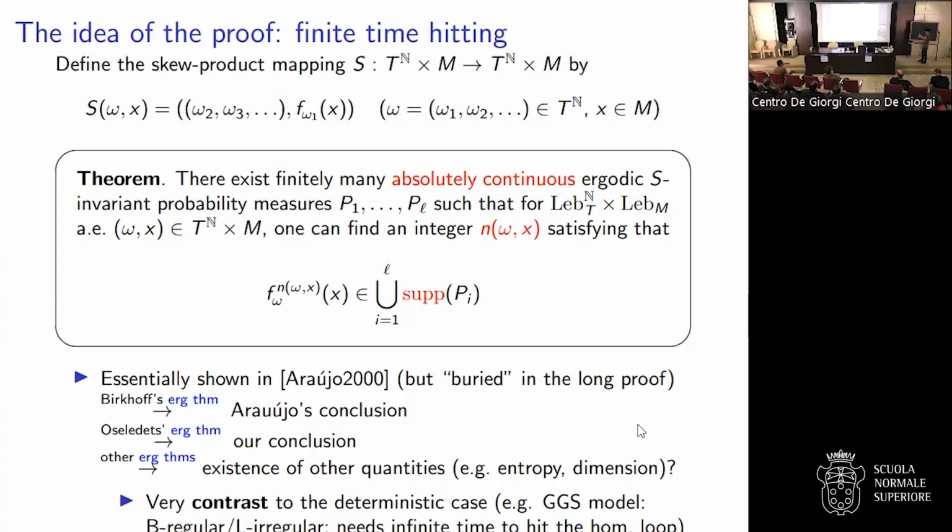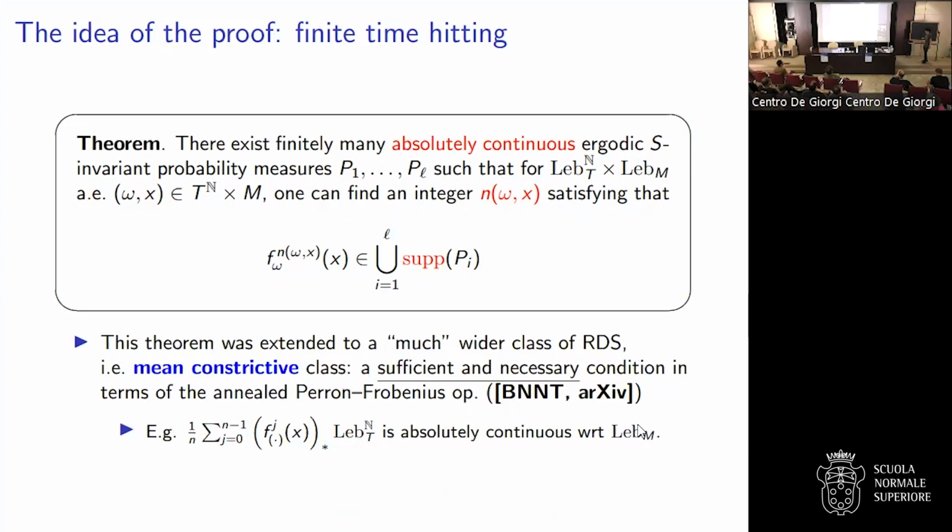I don't want to say it's explicitly written, but if you are a careful reader, you can say, this is Araujo's result, this is Araujo's result. So, a sad story again, but this is almost the end.